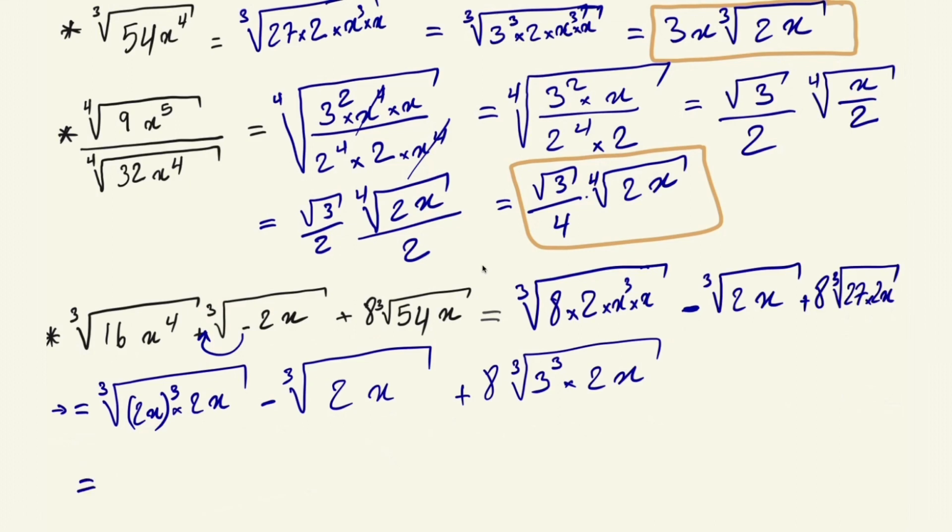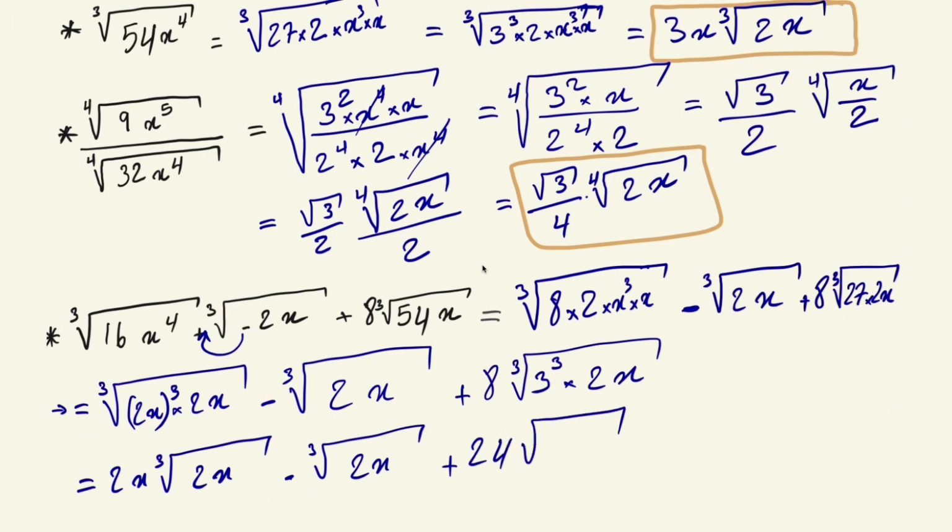So this one here is just 2x times the third root of 2x minus the third root of 2x plus, here we can take 3 outside, and if we take 3 outside we can cancel the third power with this, so this 3 will go outside, multiplying 8 is just 24, and we stay inside the root with the third root of 2x.